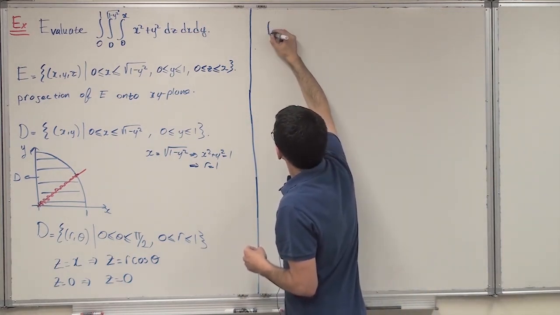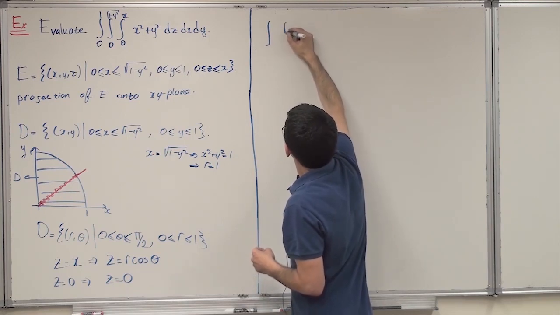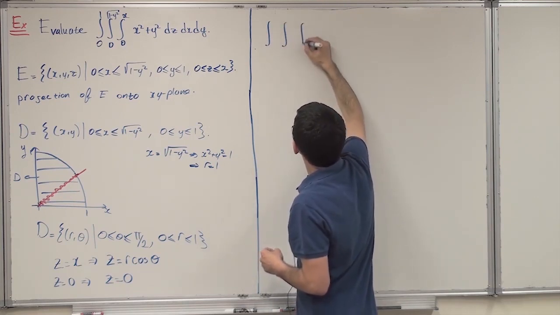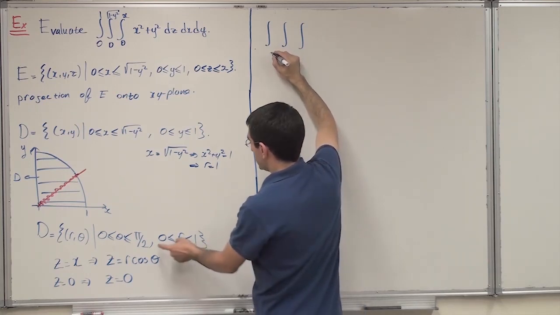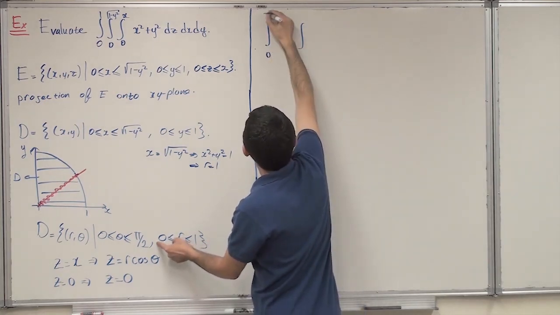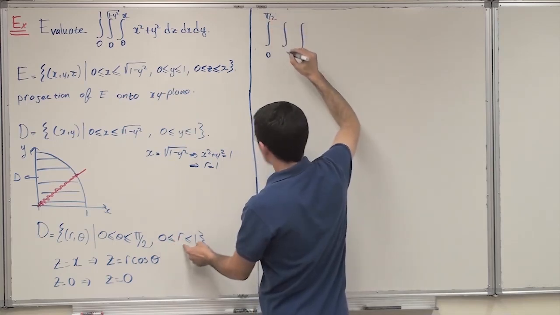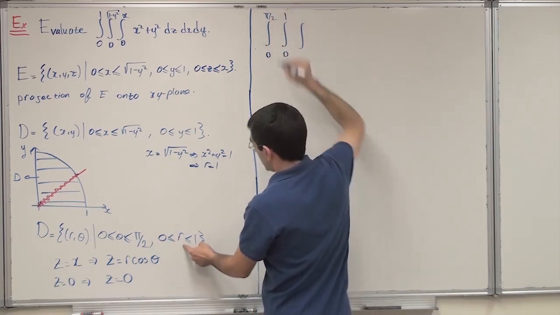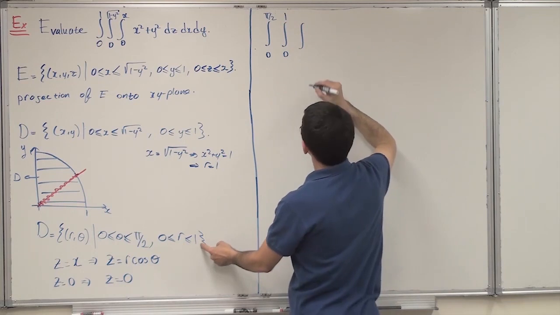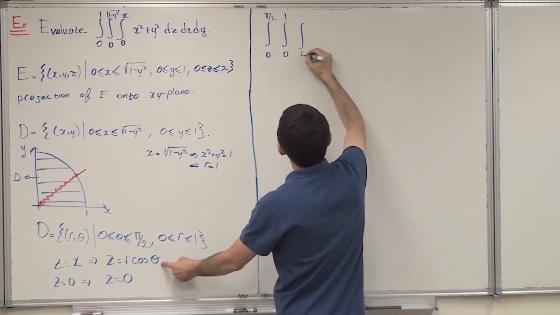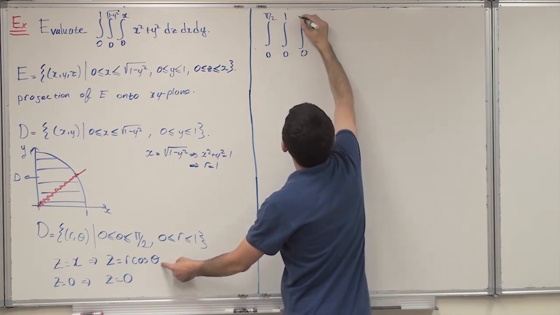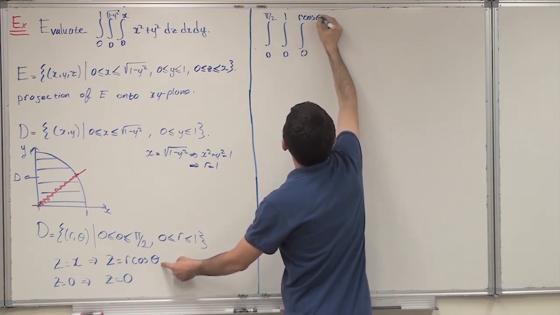And so here are our 3 integrals. The first one, it's with respect to theta, so its boundaries are from 0 to pi over 2. The second one is from 0 to 1 with respect to r. And the third one, for z, will be from 0 to r cosine theta.